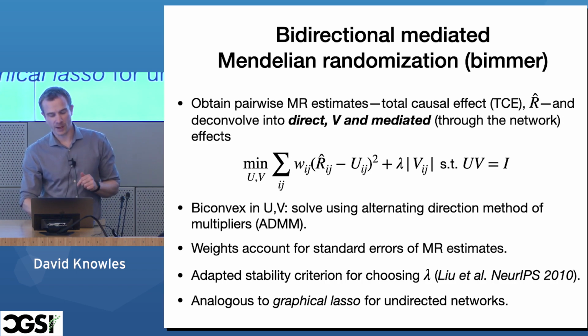We have an approach for choosing this regularization parameter, lambda, that's adapted from a similar approach for the graphical lasso. And we're able to use that because it's actually very close in spirit to this approach called the graphical lasso, which is for estimating undirected networks, whereas here we're estimating a directed network.